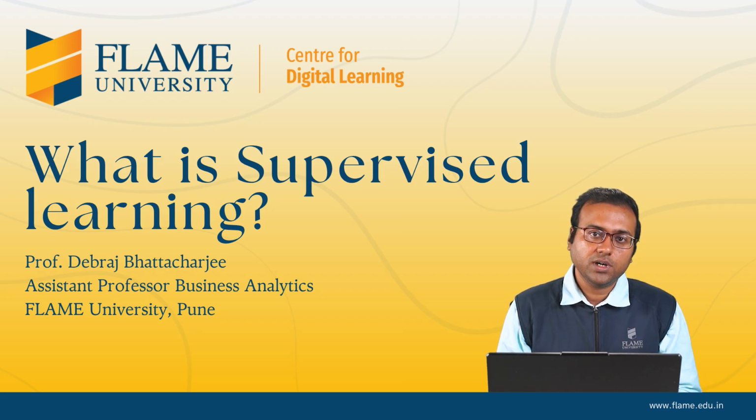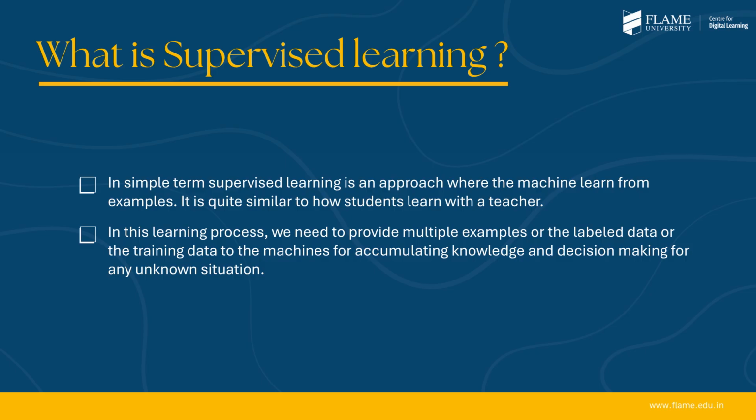And this supervised learning process is the most common and most used where the application is related to prediction or estimation. So if I go to the formal definition of supervised learning, it is an approach where the machine learns from examples or from real life observations.